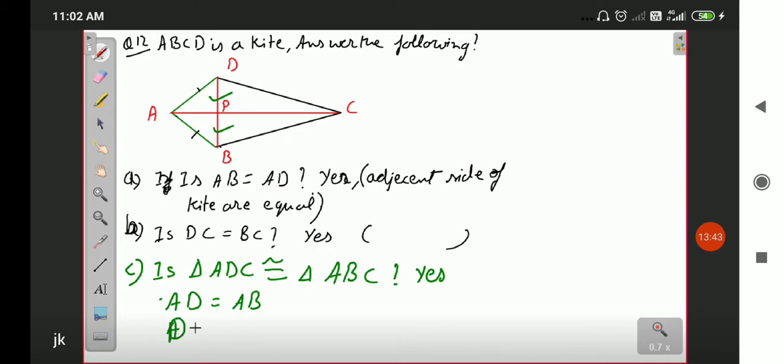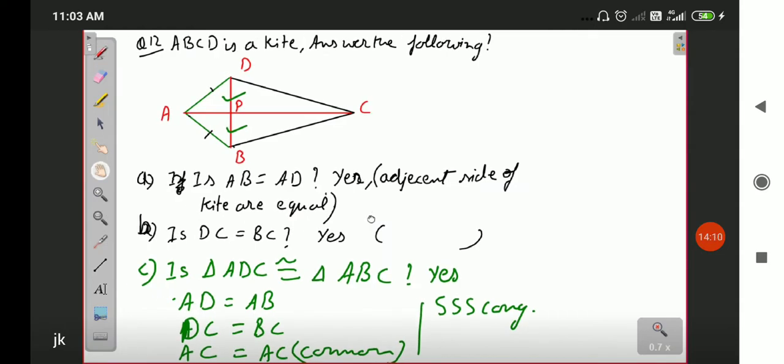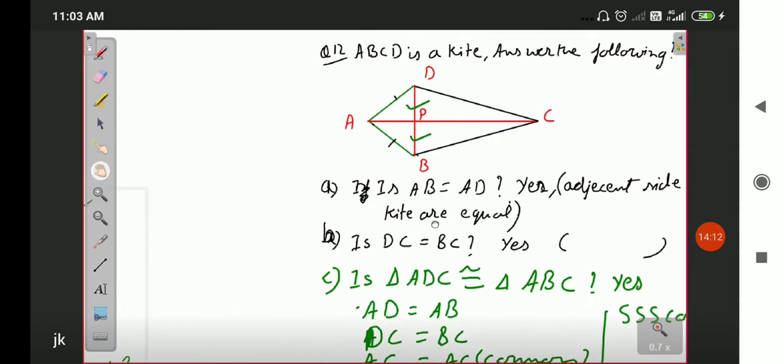DC and BC are equal. Lastly, AC is a common side. The reasons for the above two have been mentioned earlier. So AC is a common side, so you have SSS congruency. Okay, SSS is side side side congruency.